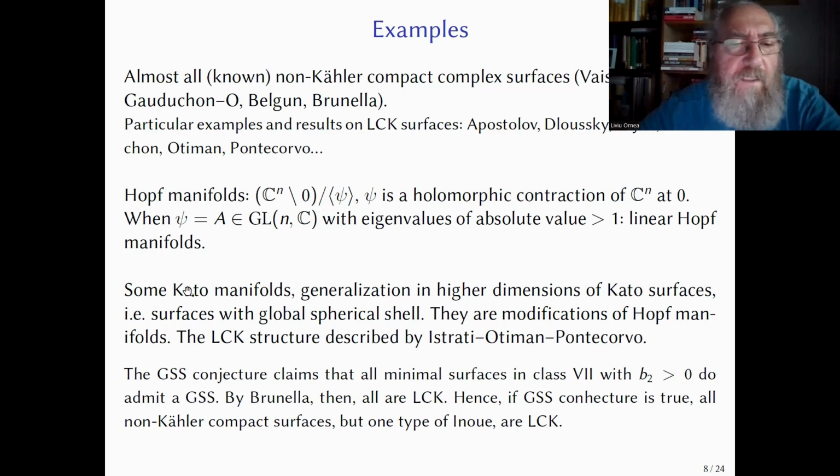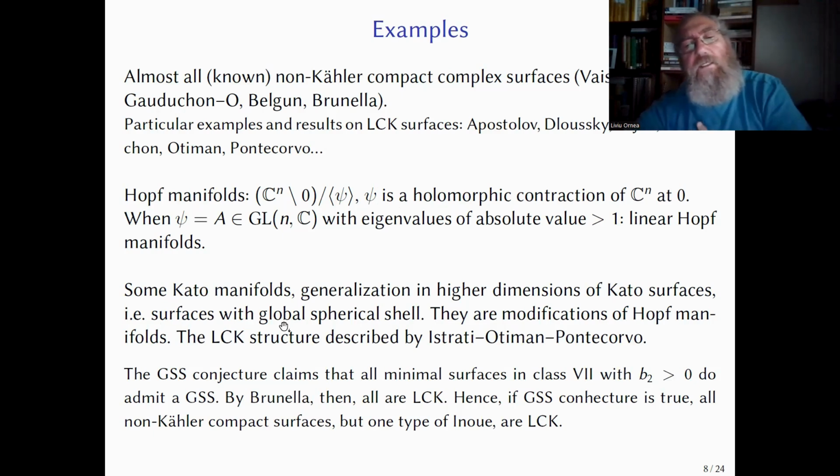Some of the Kato manifolds, I won't enter into details, in Alexandra's talk. She will explain better what Kato manifolds are. They generalize the Kato surfaces to higher dimensions. Kato surfaces are the ones having a global spherical shell.